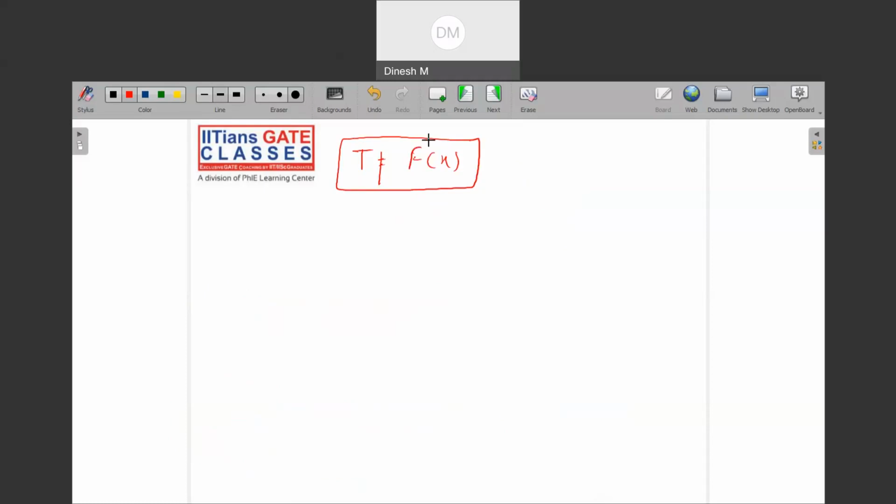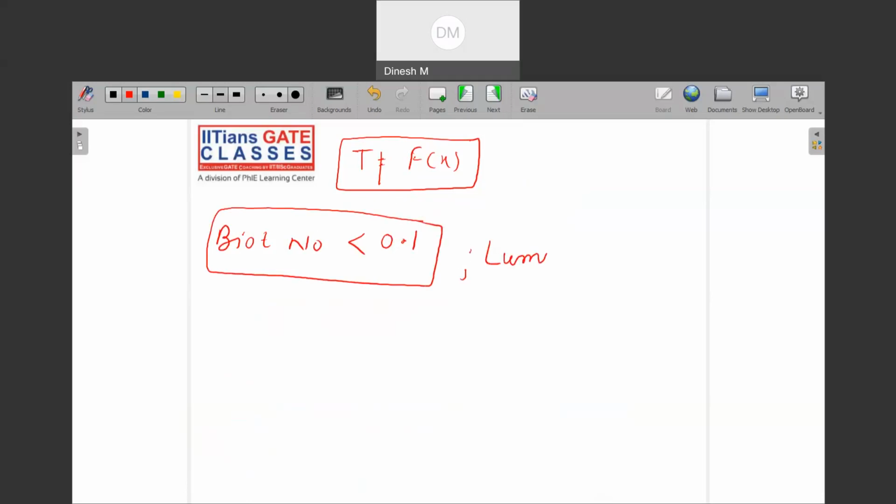Yes, there is one condition, and it is signified by the Biot number. This number should be less than 0.1 in order to apply this analysis, and this analysis is called lumped heat capacity analysis.